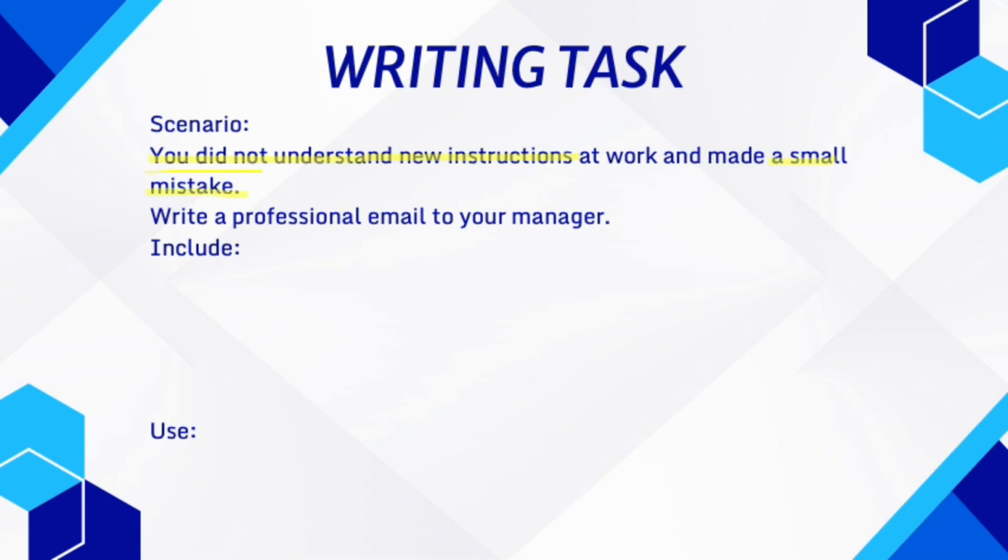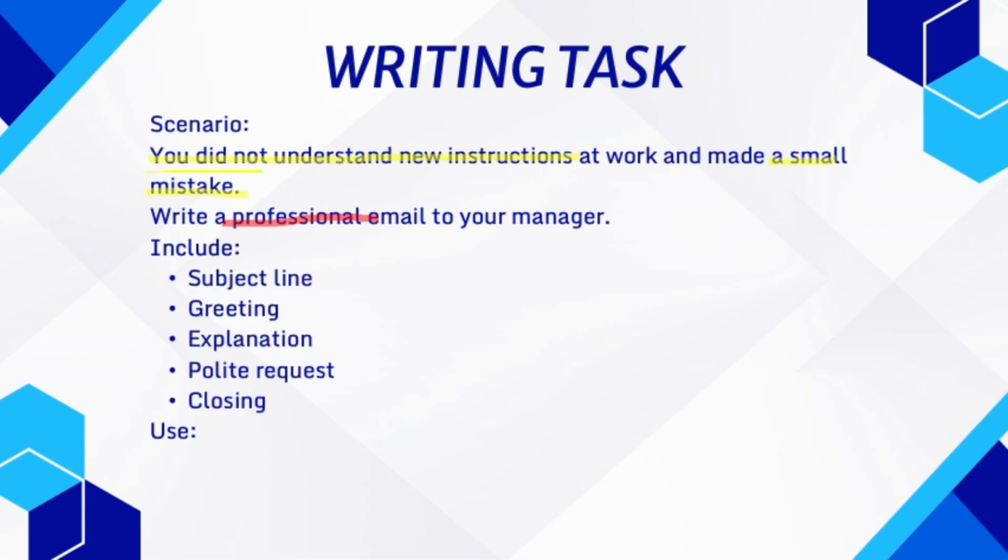Your instructions are to write a professional email to your manager. You must include a subject line, a greeting, an explanation of why you made the mistake, a polite request, and a closing.